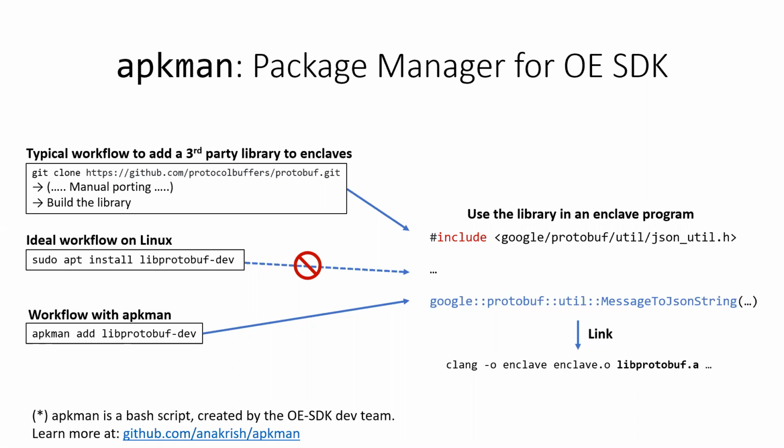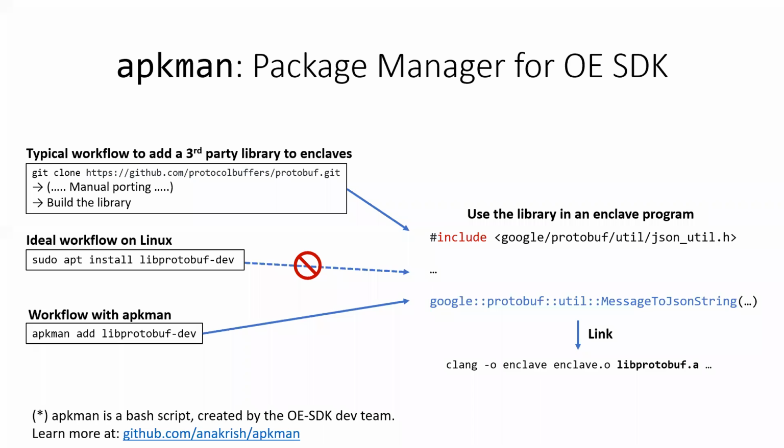If a user or developer wants to use more libraries with Open Enclave and write their application inside the Enclave, then typically the flow is they have to manually download the source code and do a lot of manual porting work to make sure everything works within the Enclave, and then build the library so that they can use it inside the Enclave.